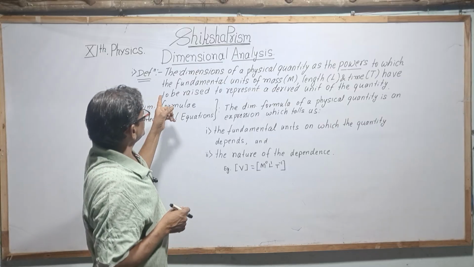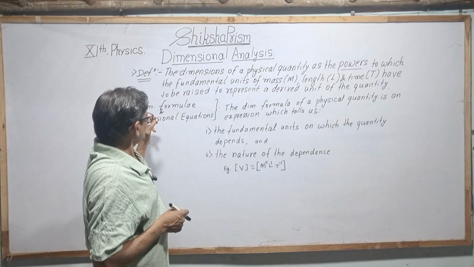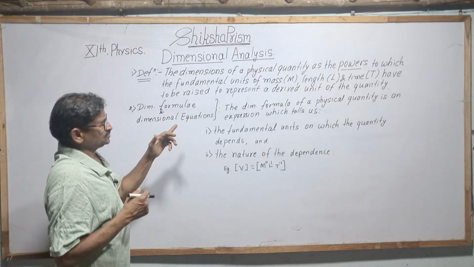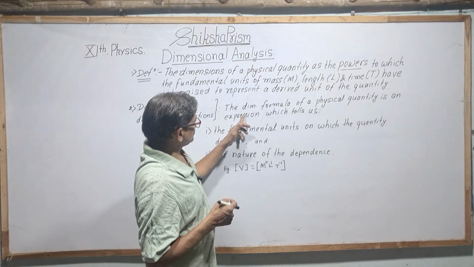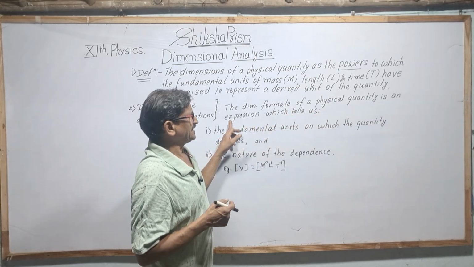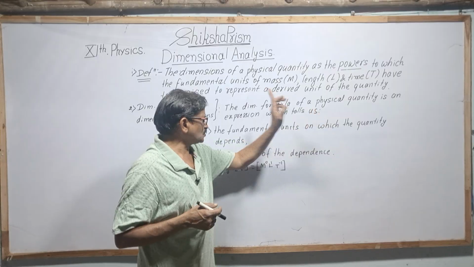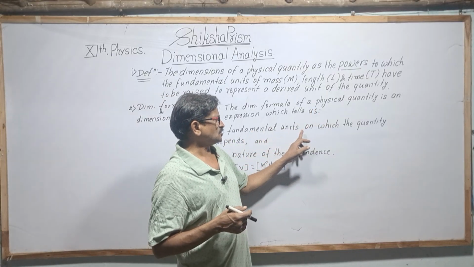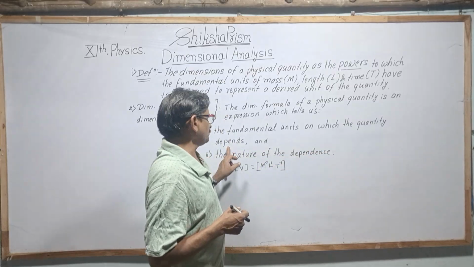Now see here. What information does the dimension formula give us? The first point: the dimension formula of a physical quantity is an expression which tells us the fundamental units on which the quantity depends.